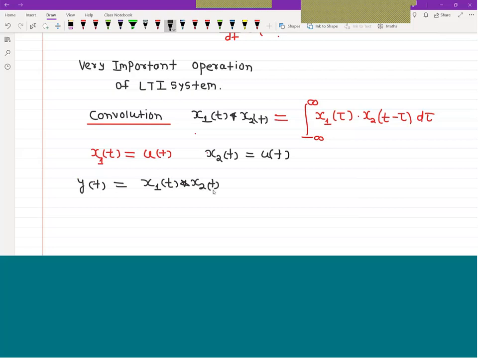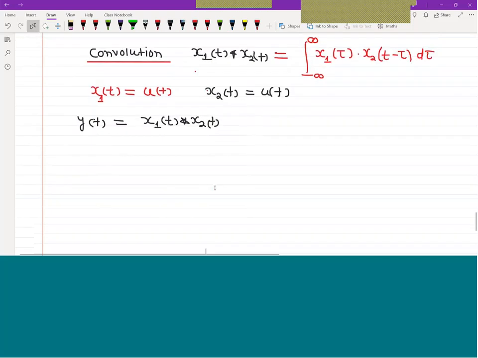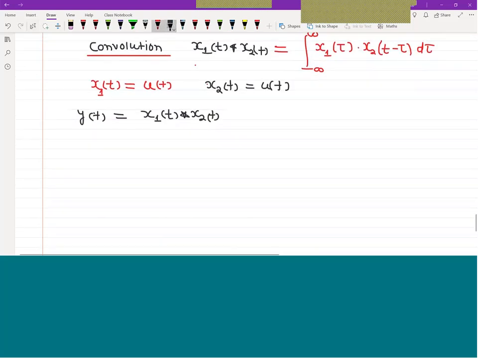So what I can say, y(t) is the integral from tau equal to minus infinity to tau equal to infinity. This is u(tau) into u(t minus tau) into d tau.